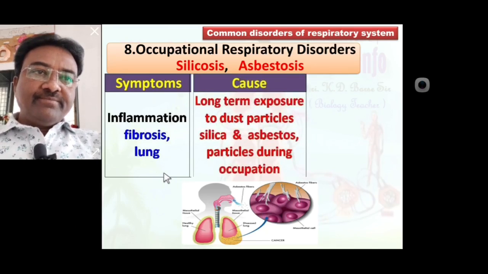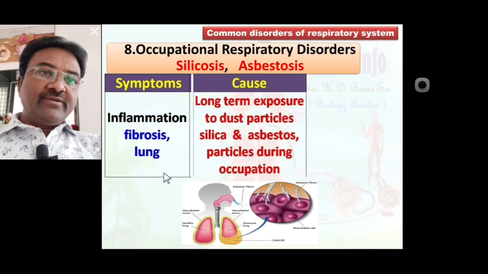What causes the occupational respiratory disorders silicosis and asbestosis? Long-term exposure to dust particles, silica, as well as asbestos particles during the occupation. Means at the occupation location, long-term exposure to dust particles, silica and asbestos particles causes silicosis and asbestosis.